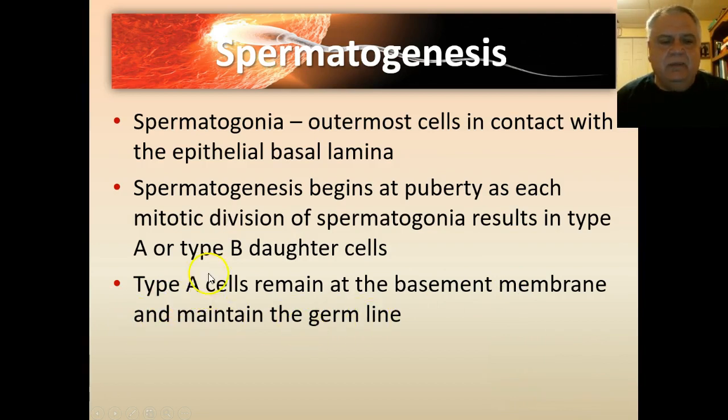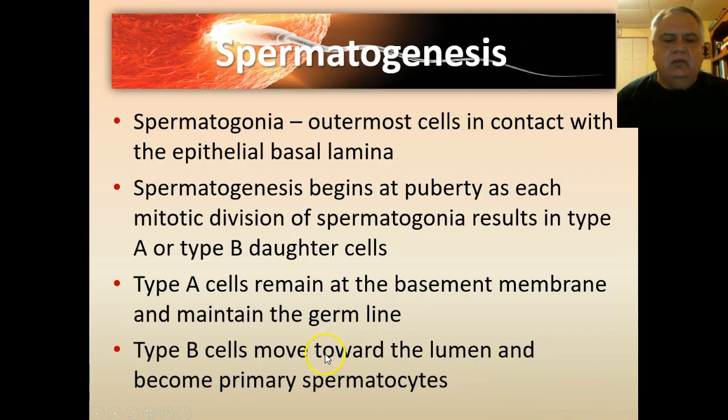In other words, type A cells will remain attached to the basal lamina of the outer wall, and they'll continue to undergo divisions to create more A and B type daughter cells. The type B cells, however, will now move away from that external wall, and they'll begin to move toward the lumen. And as they move toward the lumen, they will go on to become primary spermatocytes.